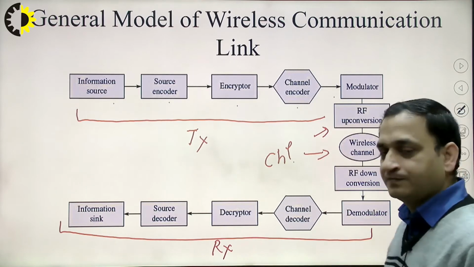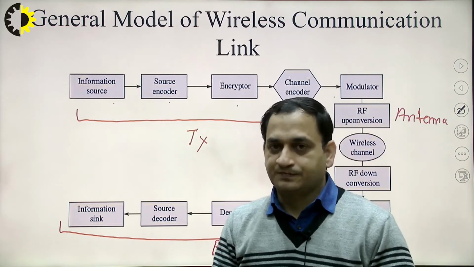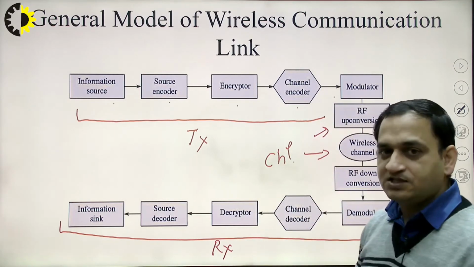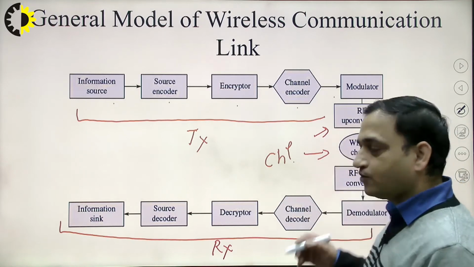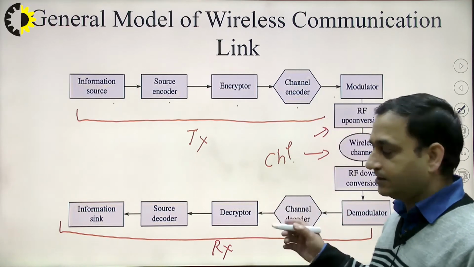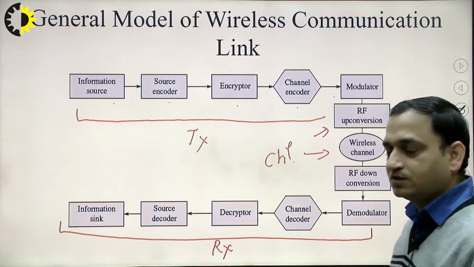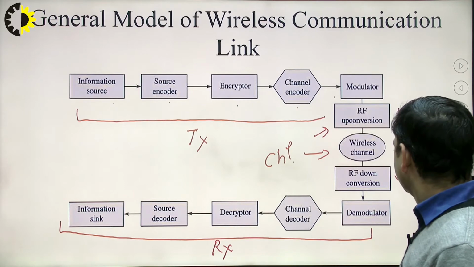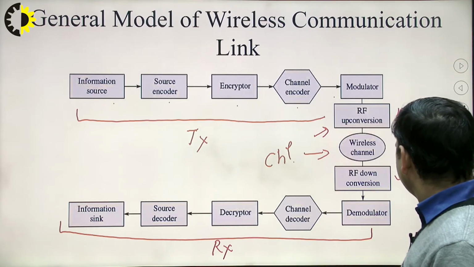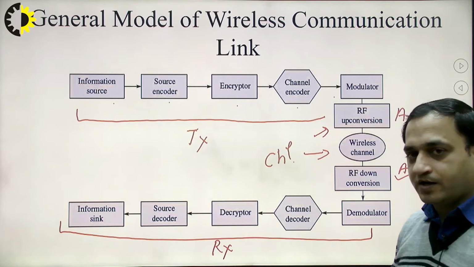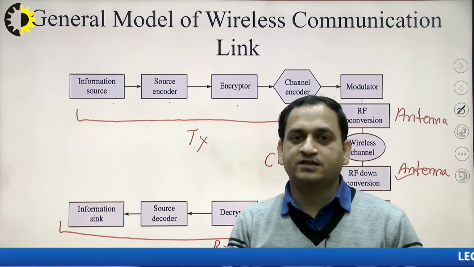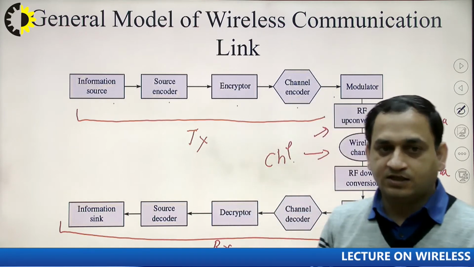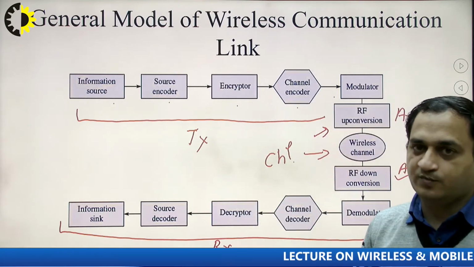That signal will be transmitted through the channel and received at the RF down conversion, which also uses antennas. After that the receiver block comprises demodulator, channel decoder, decrypter, source decoder, and information sink.